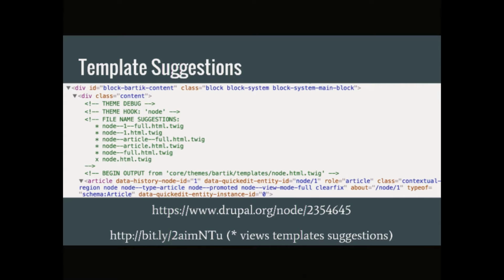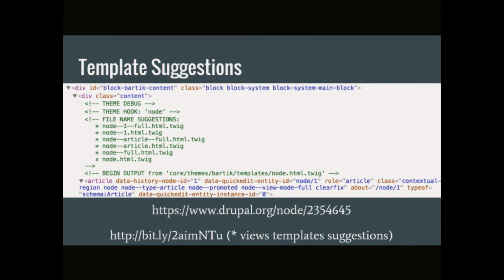So let's say that you have 3 content types in your website, and you want to modify only one of them, in this case, the article node type. So you can have a template for node that will apply for everything, and a template called node-article.html.twig, and that is going to be used only when printing nodes of the article content type. So those are the theme suggestions, and that is how you can override the default markup.